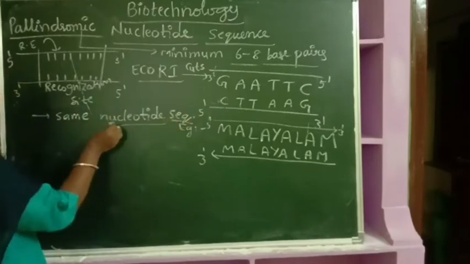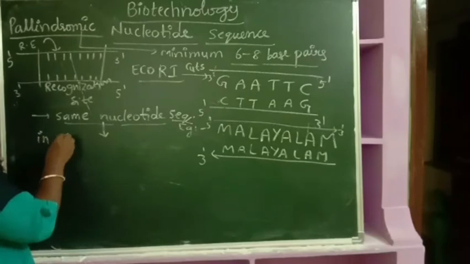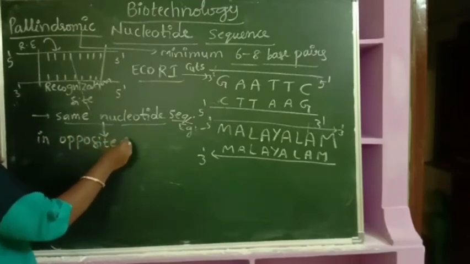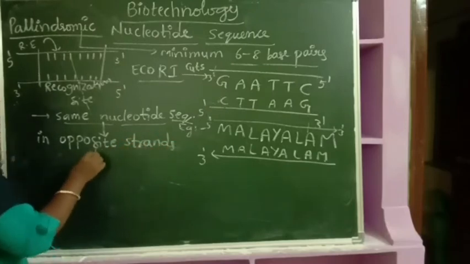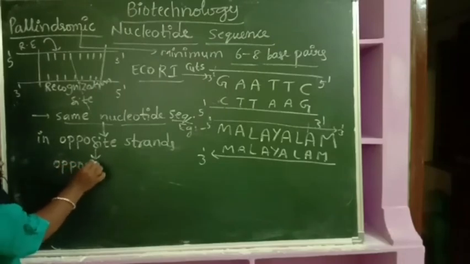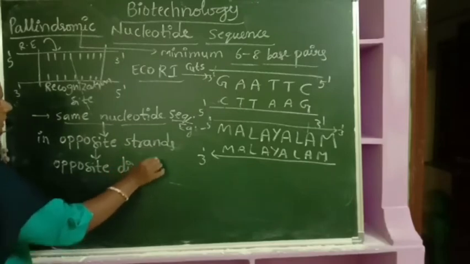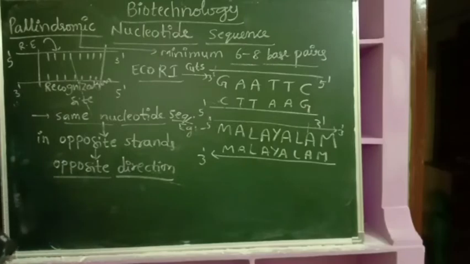This is a sequence. In opposite strands, when we read in the opposite direction, then it is called a palindromic nucleotide sequence.